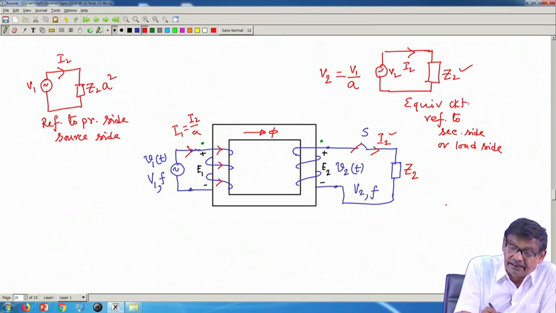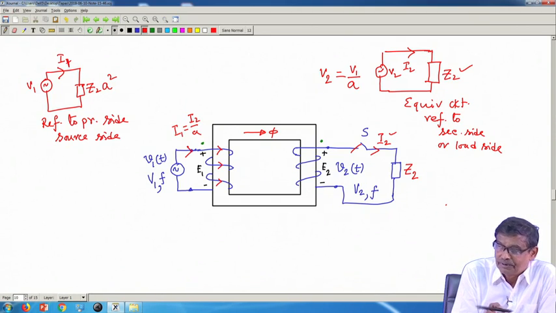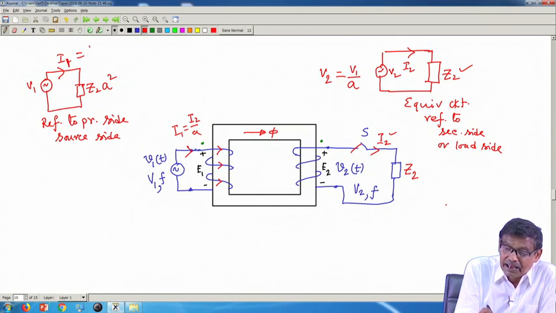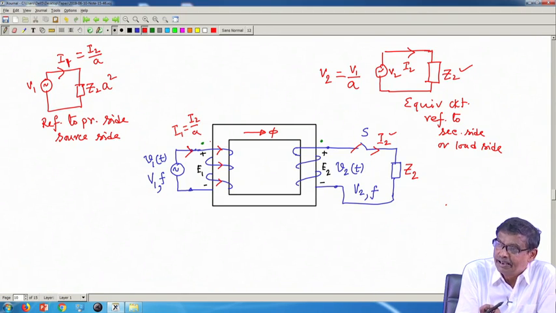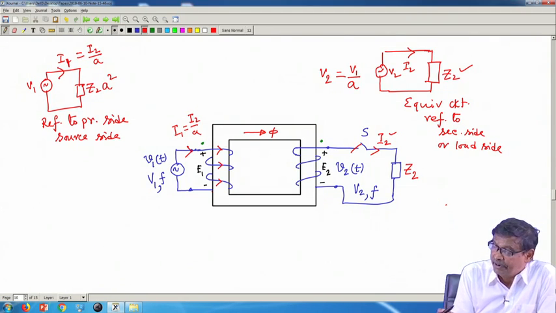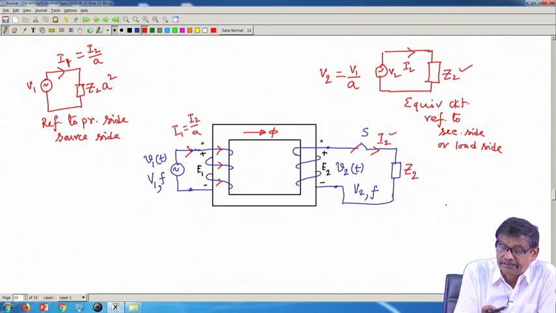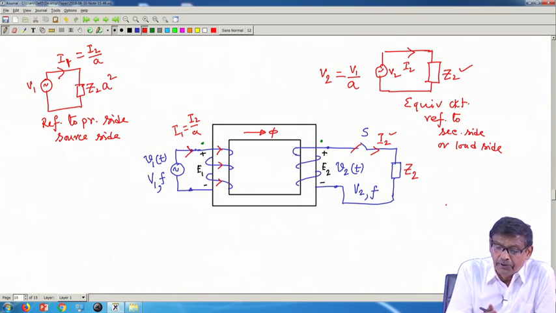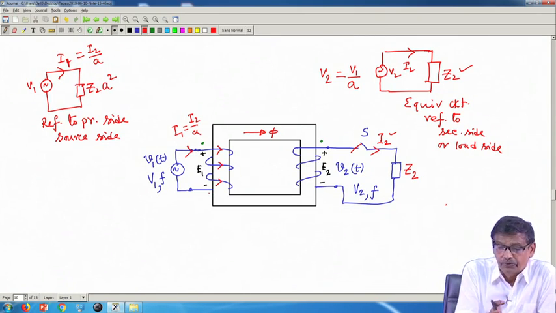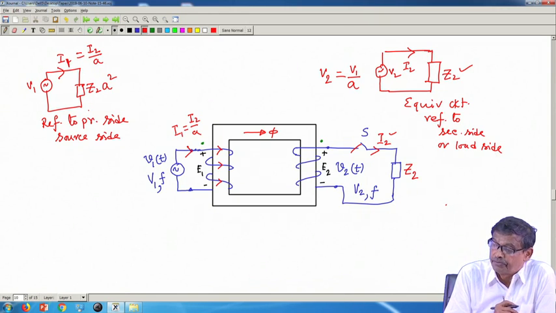And this current is I1, and it is related to I2 by A. Any actual current on the secondary side should be divided by A, and any impedance from the secondary to this side is multiplied by A squared. V1 is already here, so no transformation is necessary for V1.